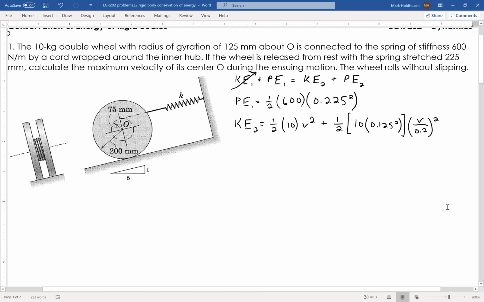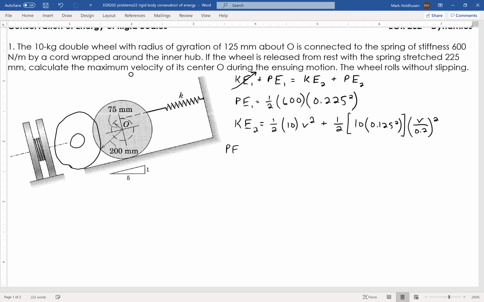Now we've got probably the most challenging one, which is the final potential energy. The assumption I'm going to use is that the wheel rolls down the incline. It could pull it up, we're not sure, so we've got to make an assumption. If we're wrong, we get negative answers. So it starts here and ends down here somewhere, which is PE2.